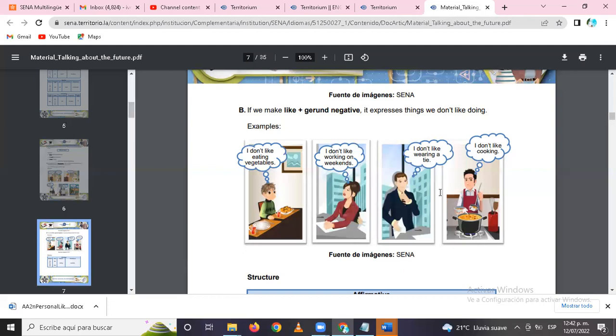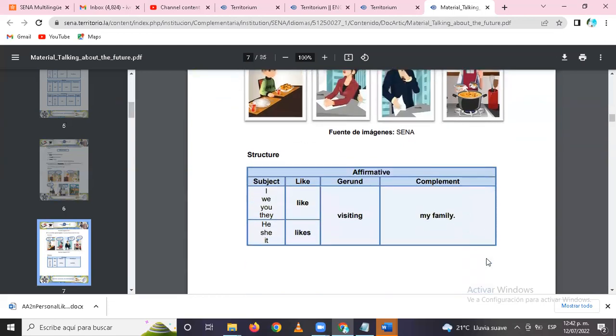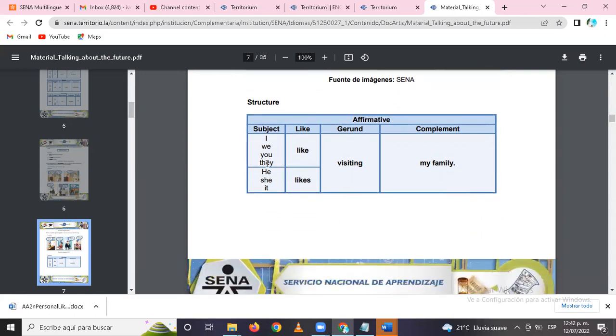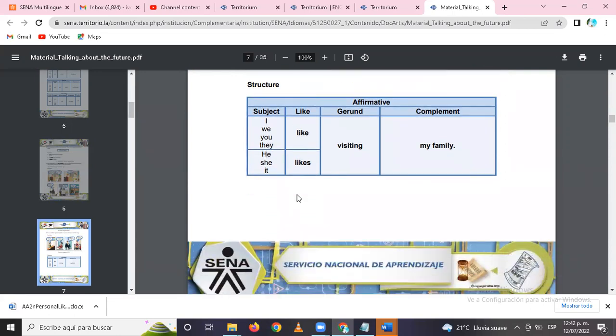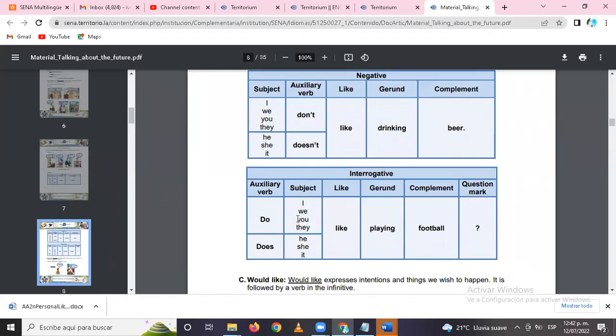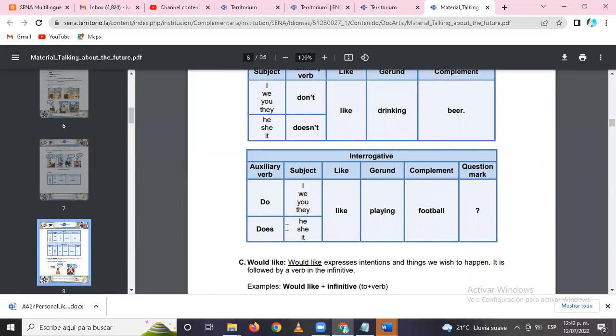I like eating, I like dancing, I like listening to music. So here, remember that this is the structure, and this is present simple. Remember, like, likes. The negative form, don't, doesn't, and you will have to ask with do and does.